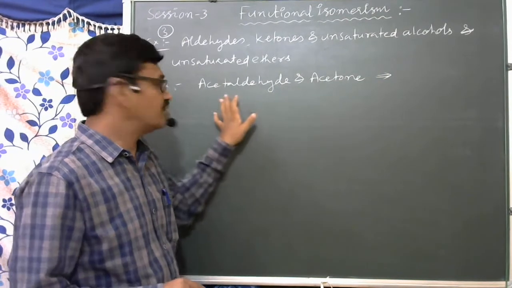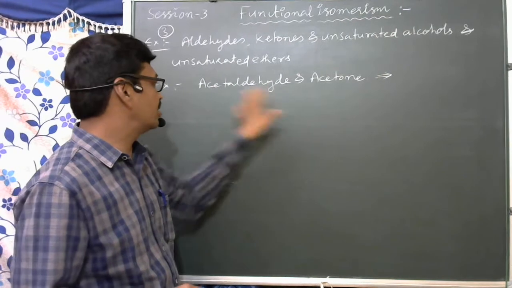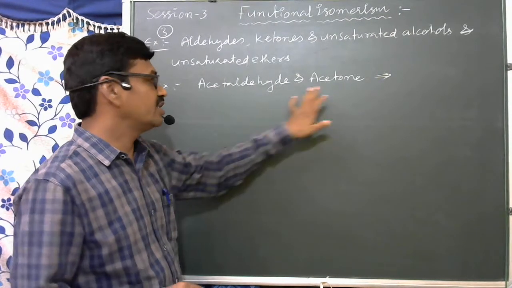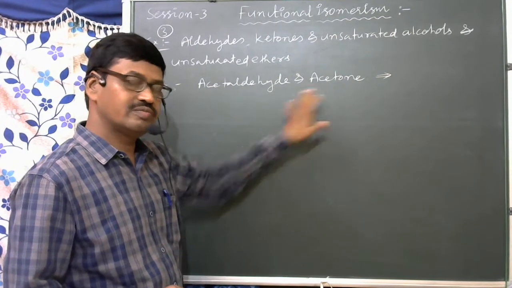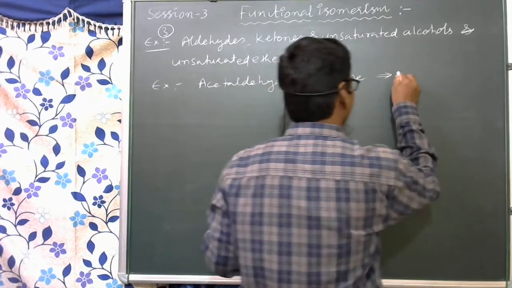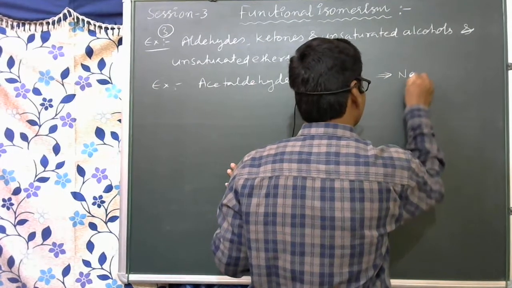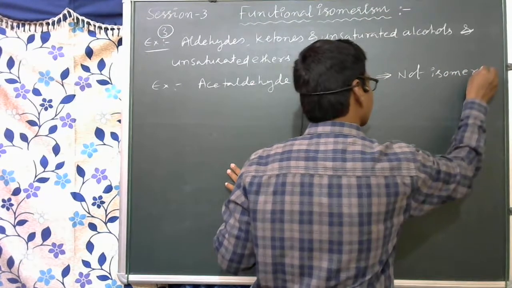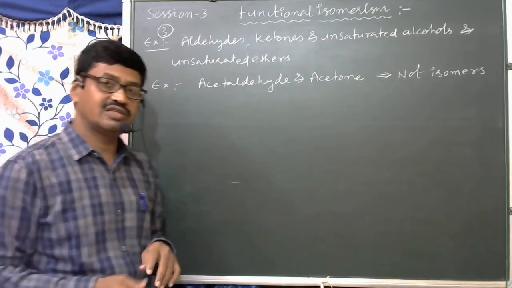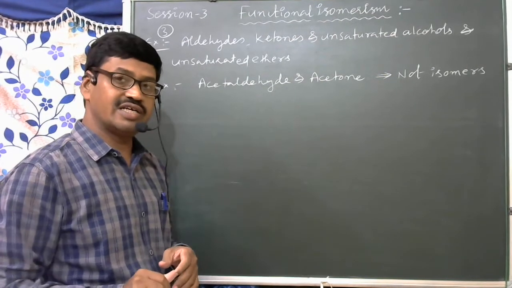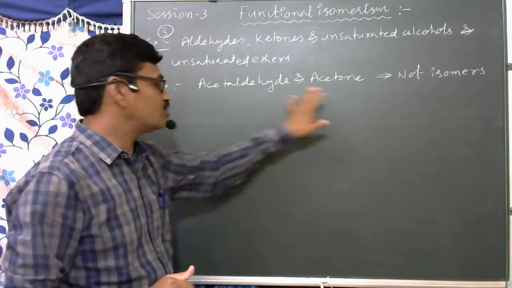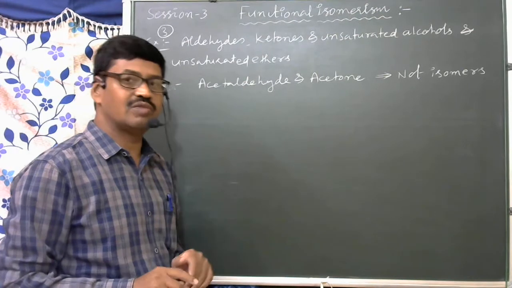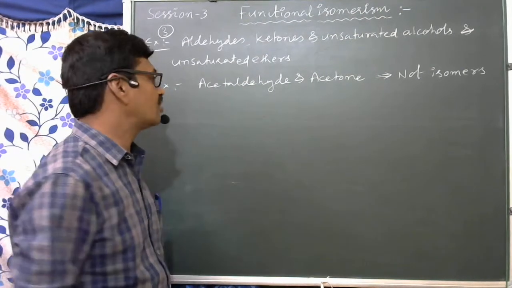Generally, by seeing the pronunciation, acetaldehyde, acetone, but these are not at all isomers. For isomers, the basic thing is the same or identical molecular formula. But these two do not have the same molecular formula.